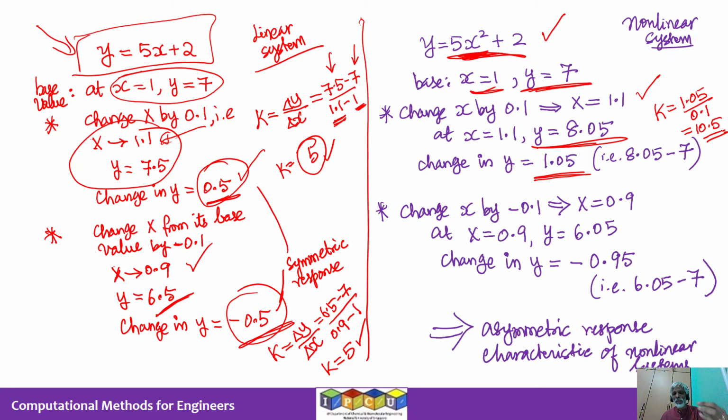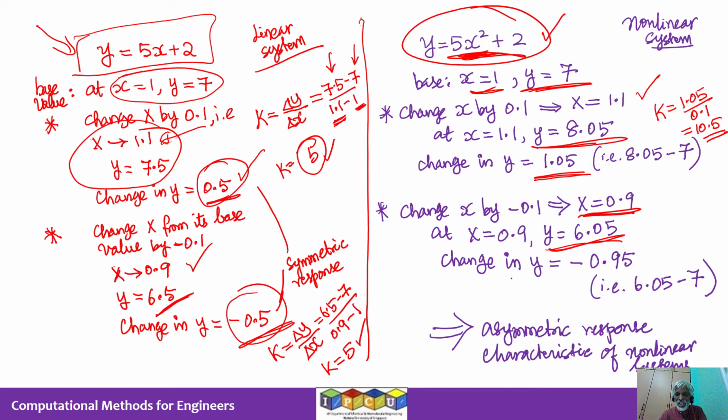Now, coming back, you do another experiment where from its base value, you change x by the same amount, but in the negative direction. So you change x by minus 0.1. So the new value of x is 0.9. If you put the value of x equal to 0.9 in the system equation, or in the model equation for the system, you're going to get y is equal to 6.05.